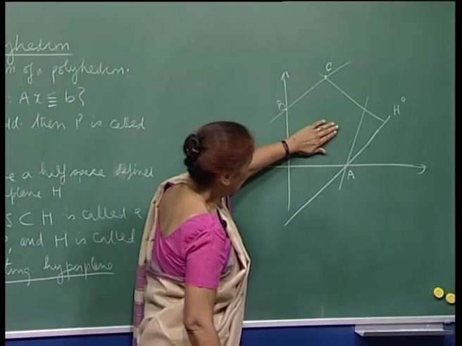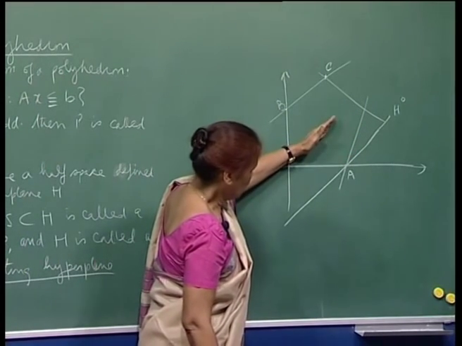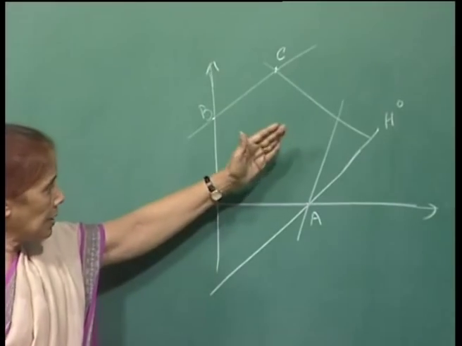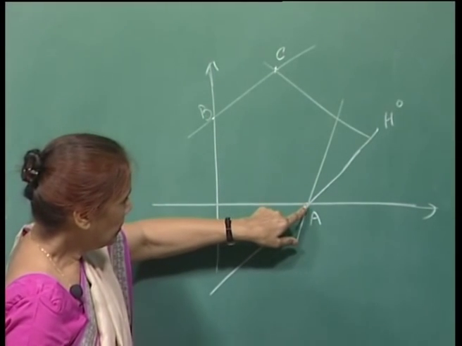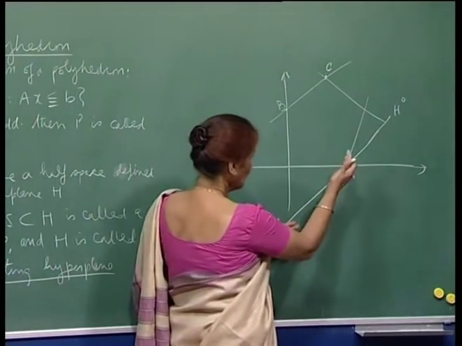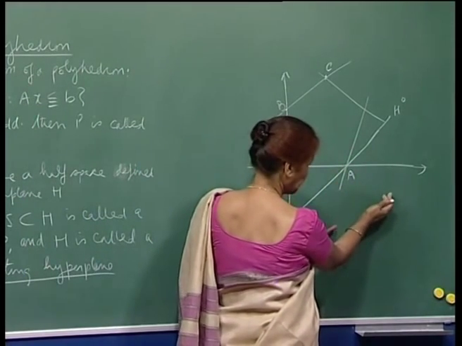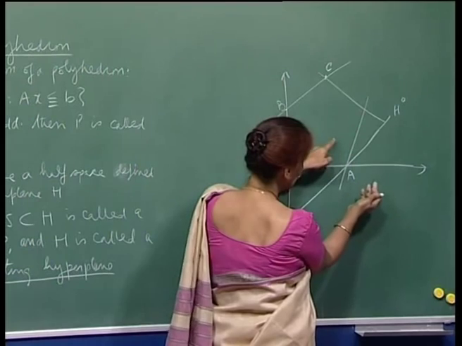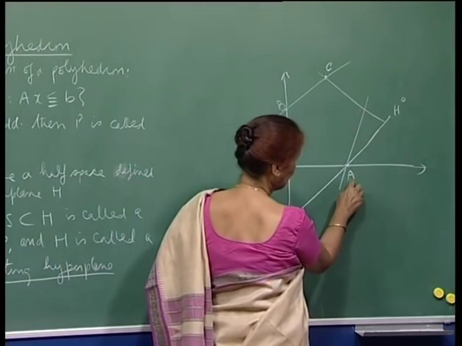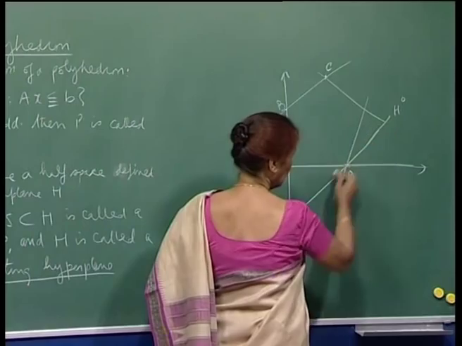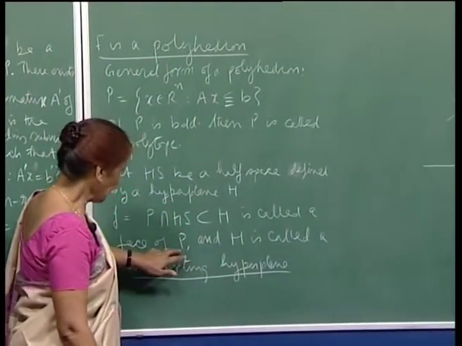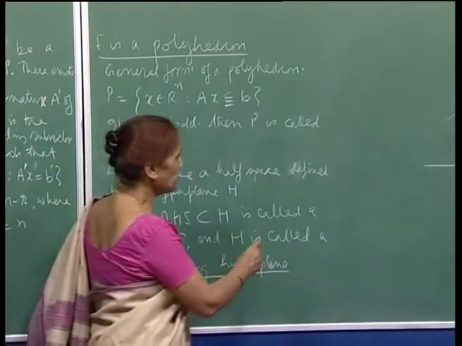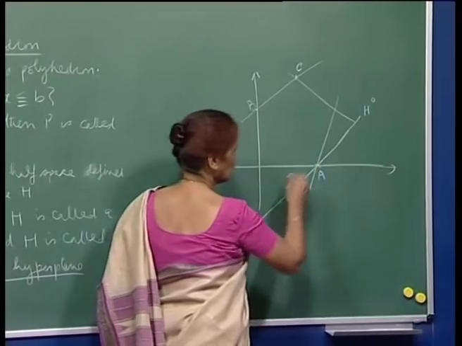The whole of the polyhedron lies in this half space, and the intersection of the half space and P is this point A, and this point A is on the hyperplane H0. Therefore I will say that H0 is a supporting hyperplane for the polyhedron P, and the face F just consists of the point A.